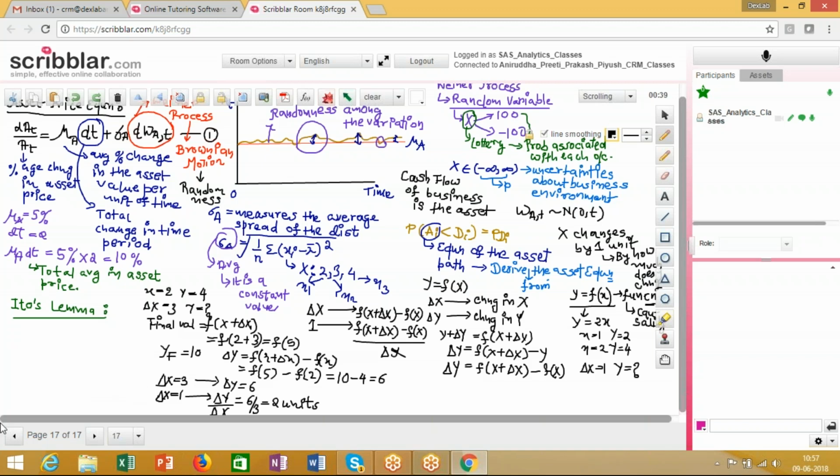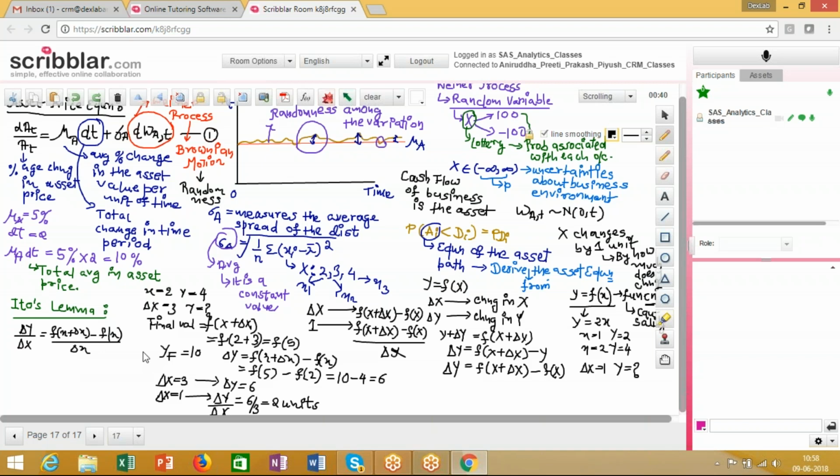It shows that delta y, the change in y with respect to 1 unit change in x, is nothing but f of x plus delta x minus f of x, by delta x.